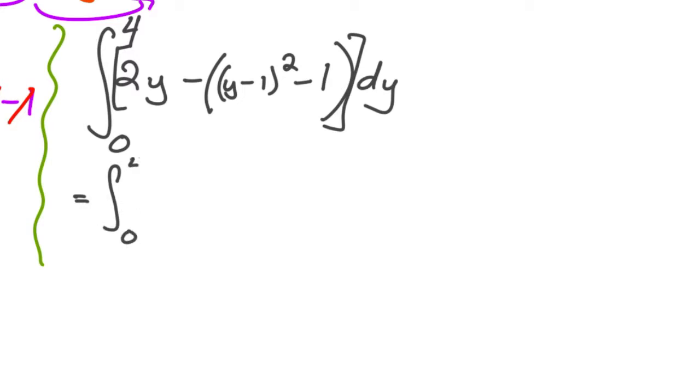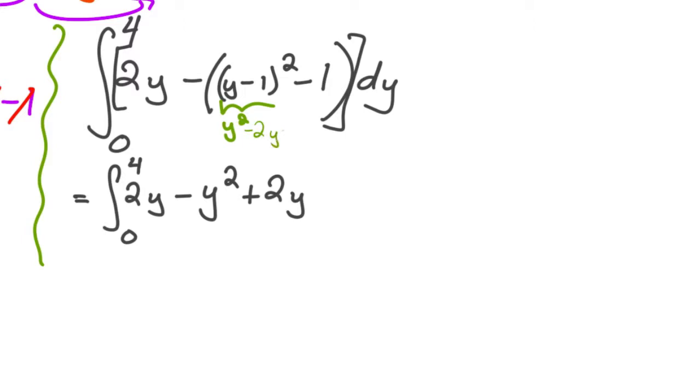Let's simplify this a little bit. So we have the integral from 0 to 4 of 2y, and then minus, if I FOIL this whole thing out, minus y squared plus 2y. This y minus 1 squared would be y squared minus 2y plus 1, but then minus 1, those two are going to cancel out. So that's all I have left over, dy.